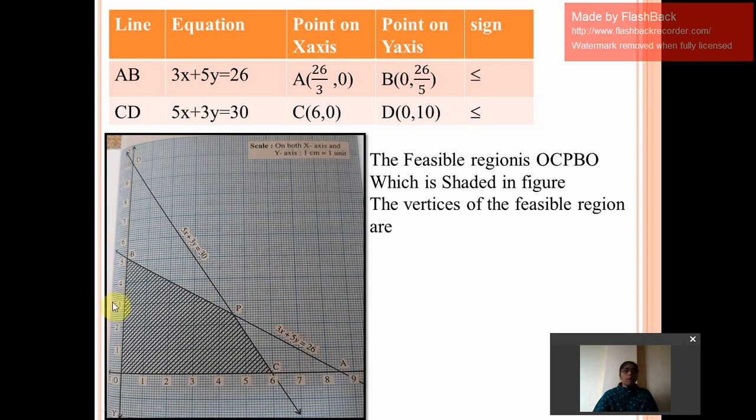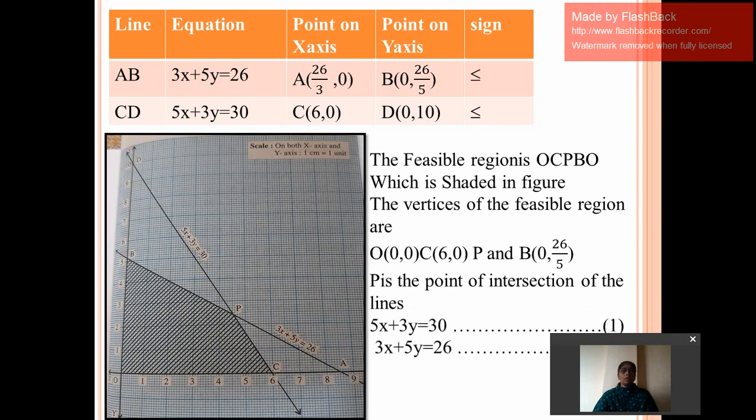To find P, let P be the point of intersection of the lines 5x plus 3y is equal to 30 and 3x plus 5y is equal to 26.